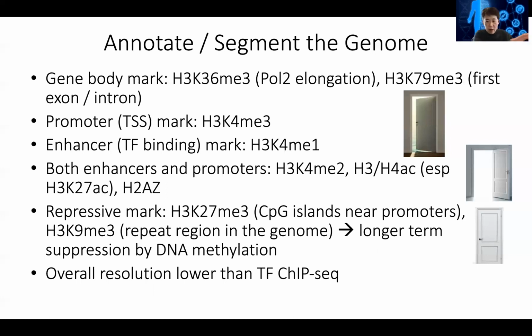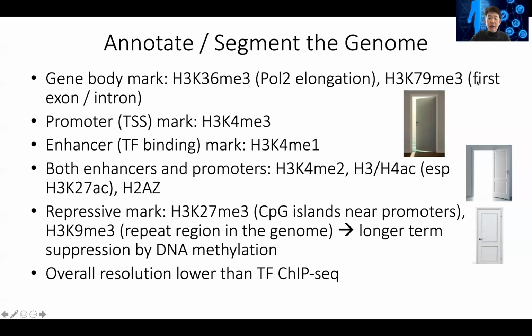But then with every round of transcription, PO2 will recruit the K36 trimethylation enzyme to add the marks there. Then in the next round, it will know how to move, which part to go faster, which part to go slower. And as it moves, it continues to recruit the methyltransferase to add marks to help the next round be more smooth, and so on.